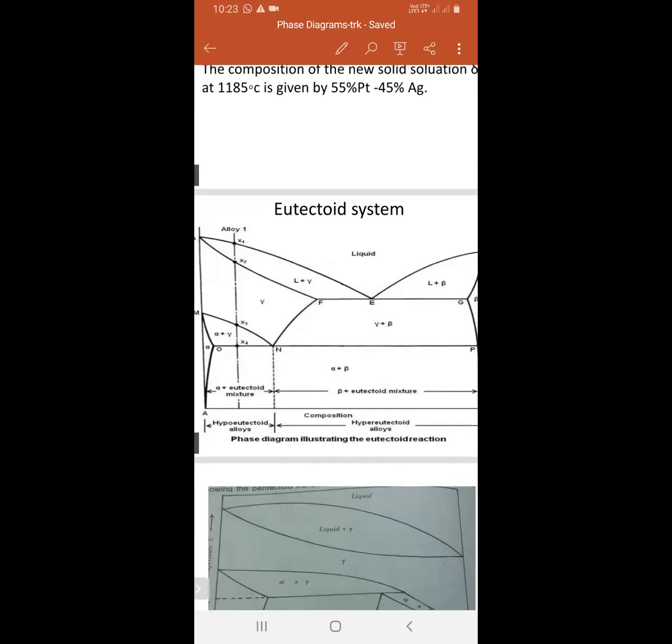But as per the invariant reaction, can you tell where the solid transforms into two solids? Okay, I will show.